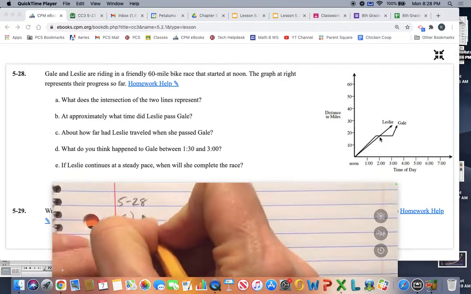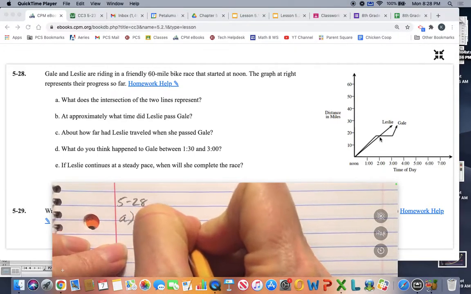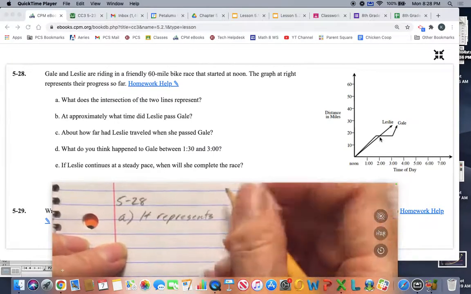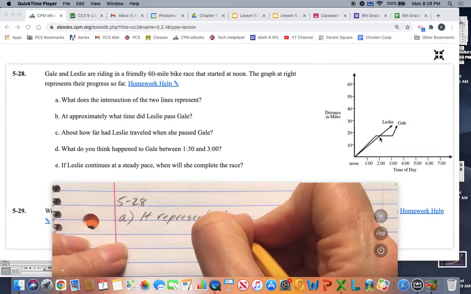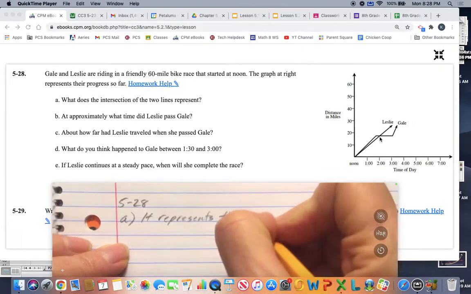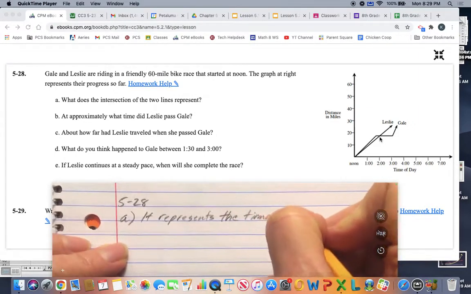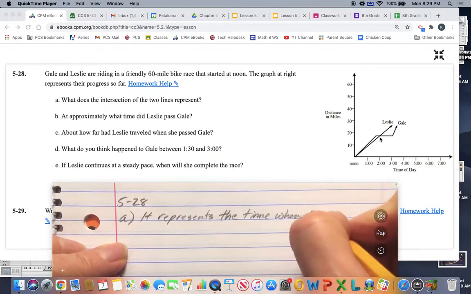So it represents the time when Leslie passed Gail.